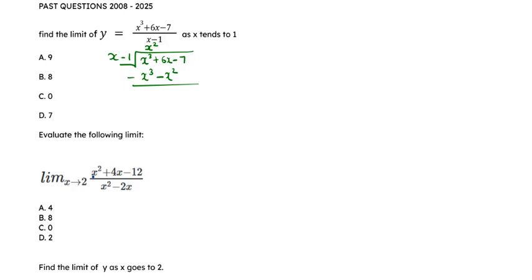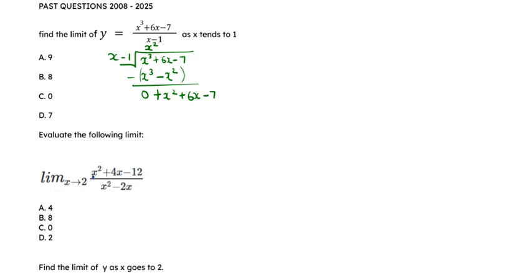Then you subtract: x cubed minus x cubed gives 0. Since we have 0x squared minus x squared here, we get plus x squared. Then we bring down our 6x and our 7. That's what we're going to have left.